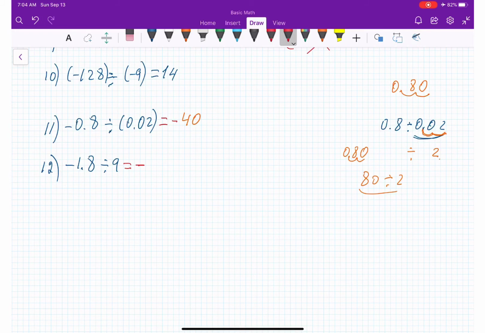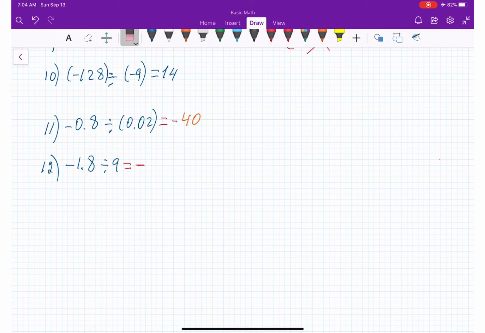Now, let's do drafting here. 1.8 divided by 9. When the first number has a decimal, it doesn't matter, we can keep it as long as the second number doesn't have a decimal. Okay, so let's divide.